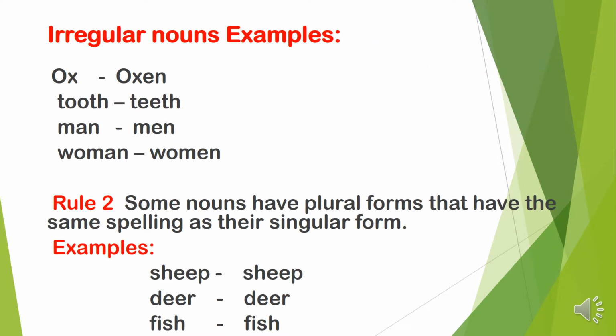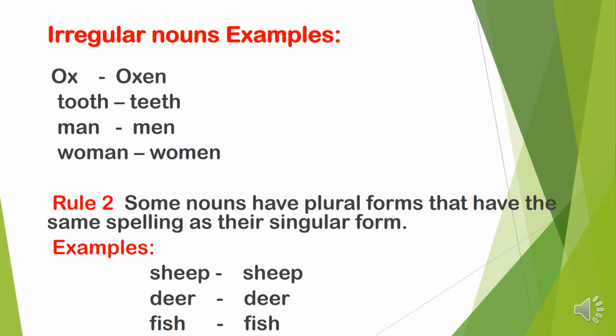More irregular noun examples: ox, oxen. Tooth, teeth. Man, men. Woman, women. These are some of our examples in forming irregular nouns from singular to plural. That's rule number one. They generally change their spelling.